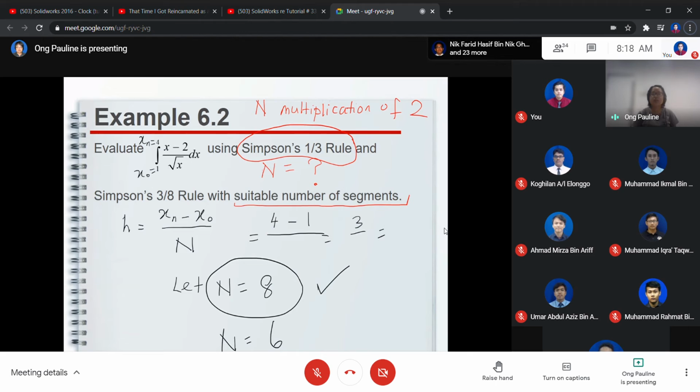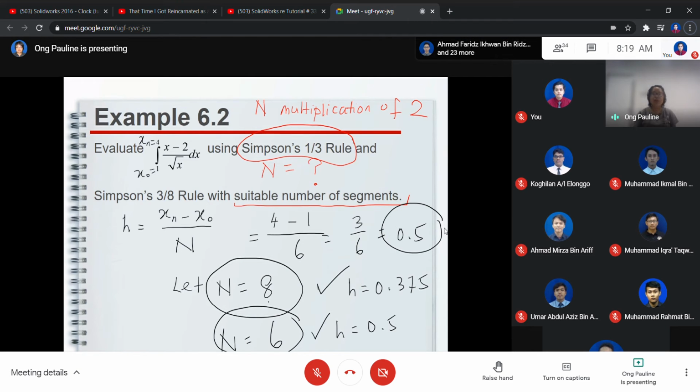So 6 also is a multiplication of 2, gandaan 2. If I have N equals to 6, I have 3/6, so I get 0.5. So this is better. Kalau kita bandingkan dengan kita pilih N equals to 8, you get H equals to 0.375, and if I let my N equal to 6, I will get my H equals to 0.5. So ini juga pemilihan N yang betul. Dan dengan pilih N sama dengan 6, we get H equals to 0.5.